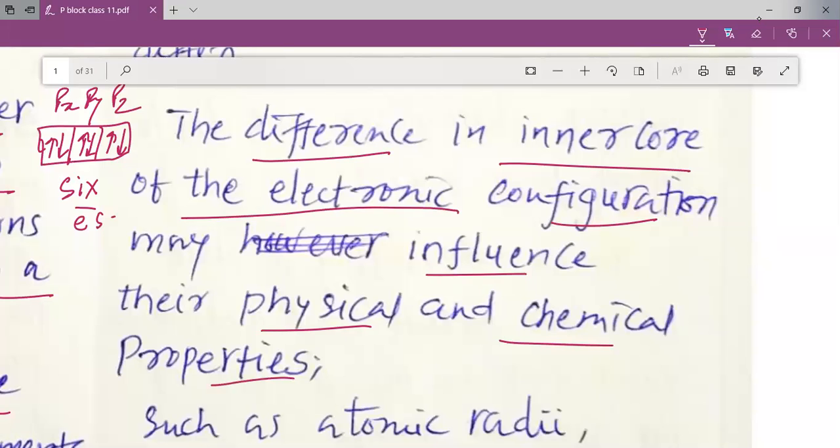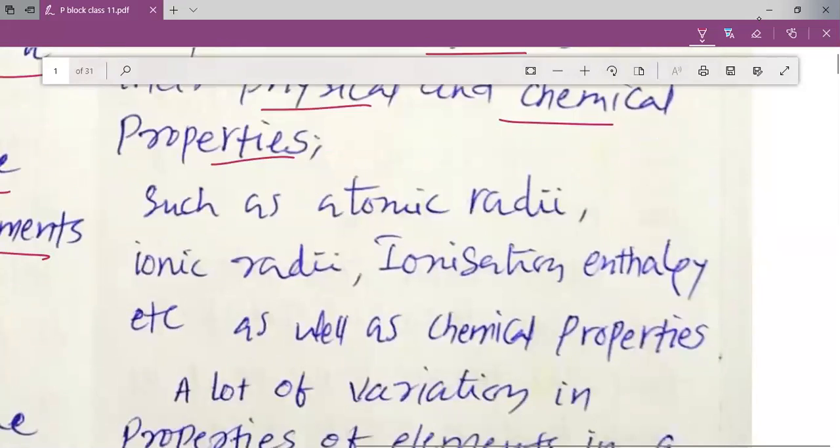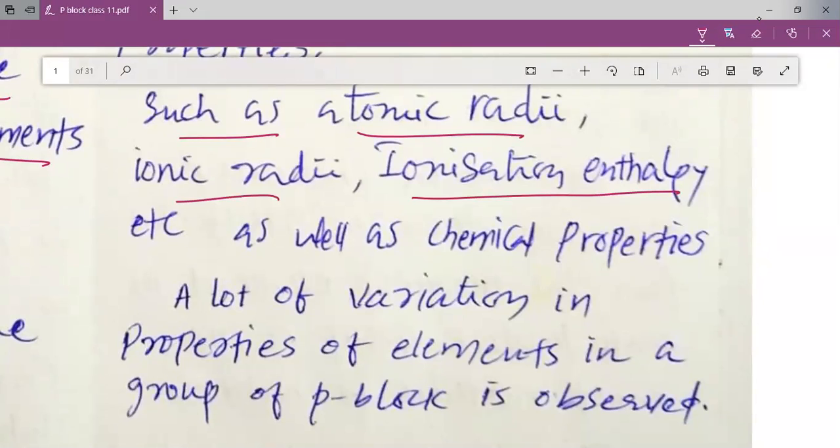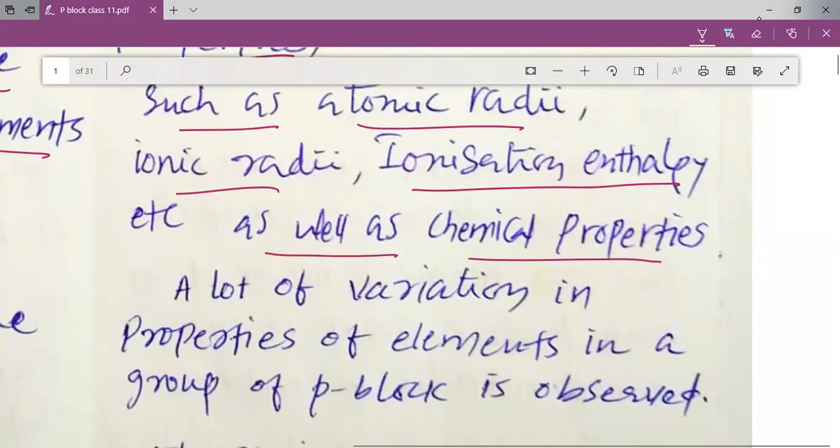So due to the change in the inner core electronic configuration, some of their chemical and physical properties also get changed, such as atomic radii, then ionic radii, then ionization enthalpy, etc., as well as some chemical properties also change.